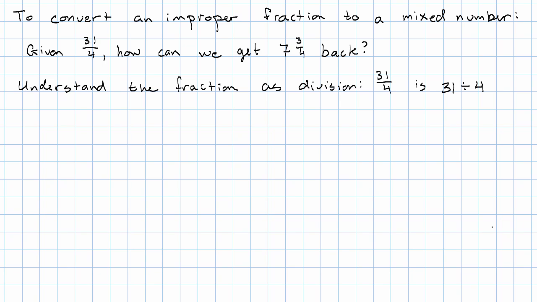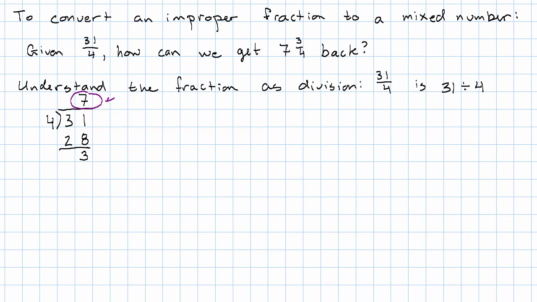Watch what happens when we do that division, 31 divided by 4. We'll say 4 goes into 31 7 times, which uses up 28 things. 3 left over.